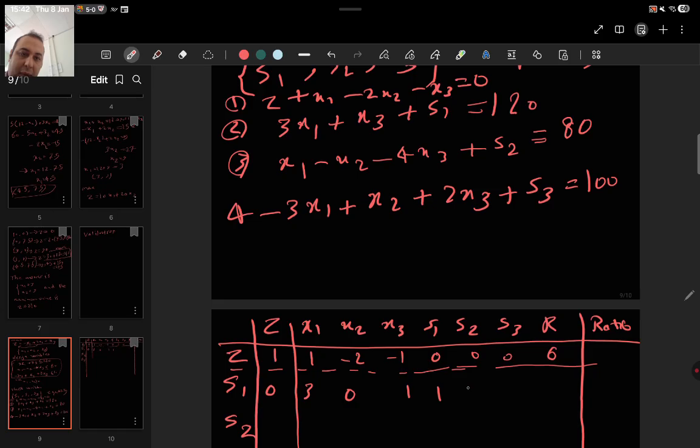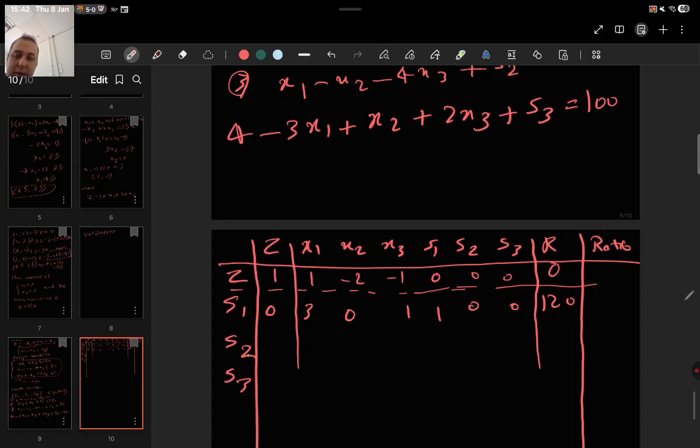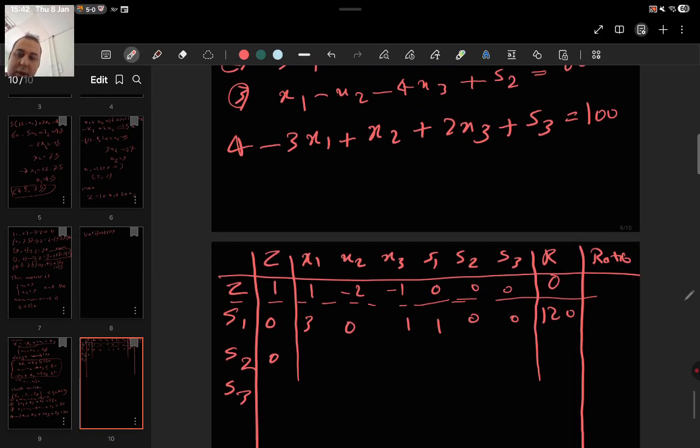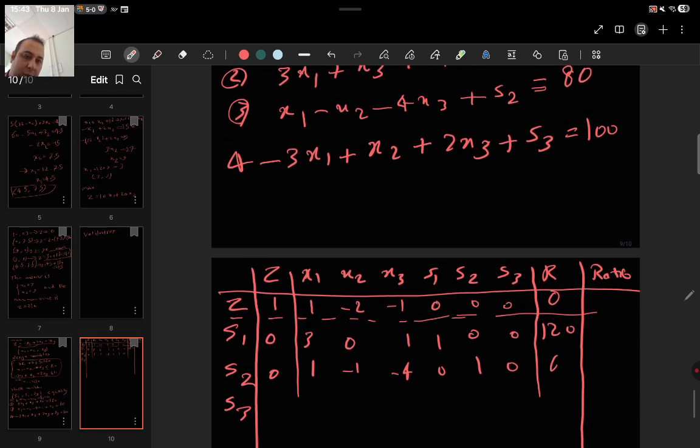Slack we have 1 0 0 and the right side is this one, 120. Okay, ratio later. 0 for the second equation, for the third equation we have 1 minus 1 minus 4 0 1 0 80.